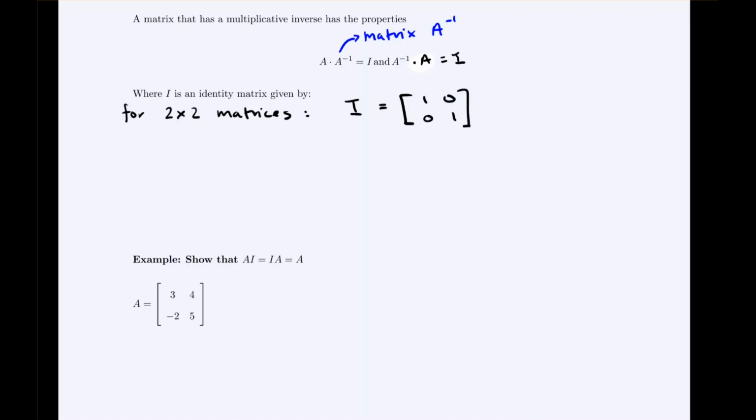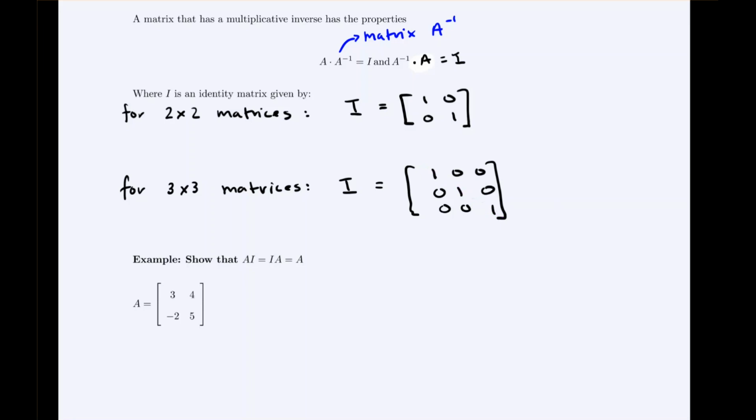The identity matrix is always going to have 1s on the diagonal, 0s everywhere else. For 3 by 3 matrices, the identity matrix, since there's 3 rows and 3 columns, would be 1, 0, 0, 0, 1, 0, 0, 0, 1. Again, visually we see that on the diagonal there's 1s and there's 0s everywhere else.